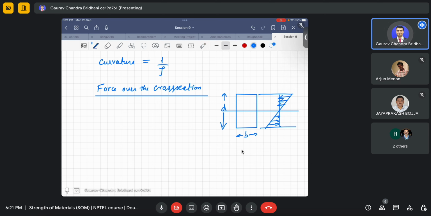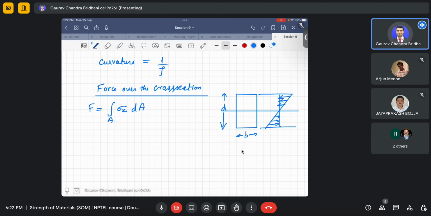We find the integral of sigma x into dA over the area A. So this way we write our force, because there are two equilibrium conditions we have. One is called force equilibrium and another is called moment equilibrium.